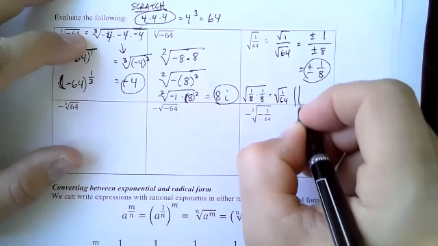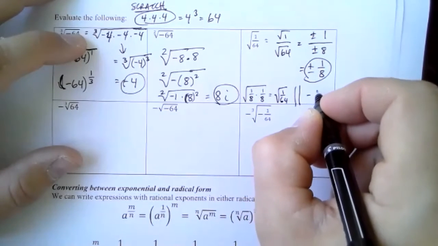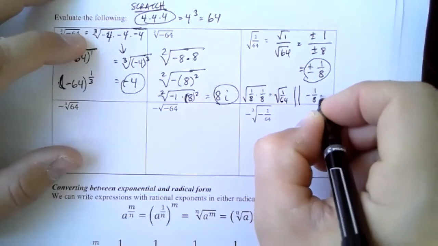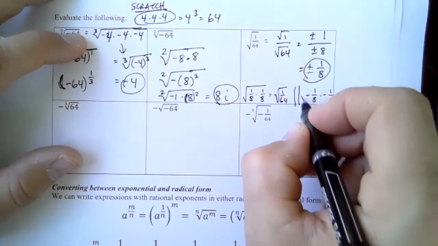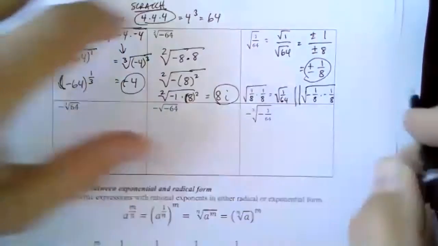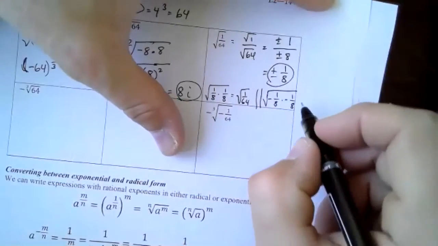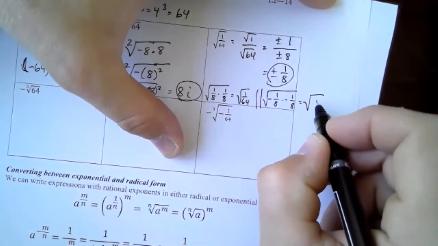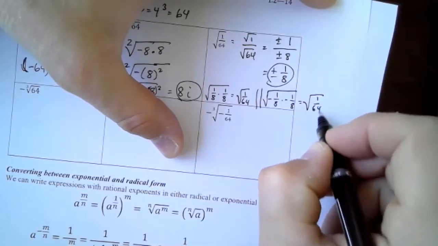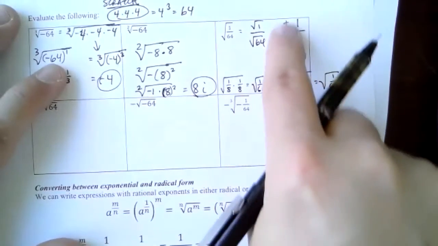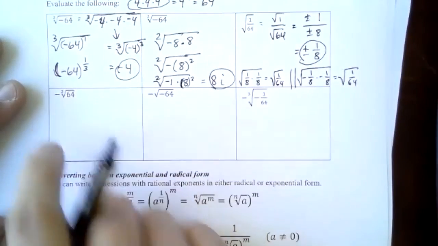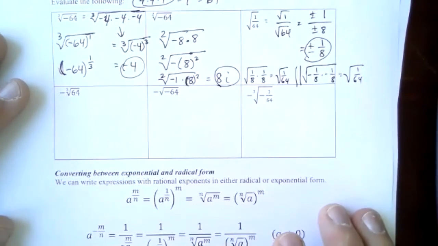And then the next one would be negative 1 over 8 times negative 1 over 8, square rooted, and that gives me the square root of positive 1 over 64 because it's two negatives. You see that? So we do still have two answers. It's not like these symbols cancel or anything. All right, just splitting it up for you so you can see what's going on.